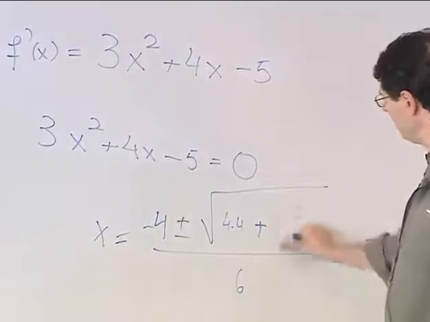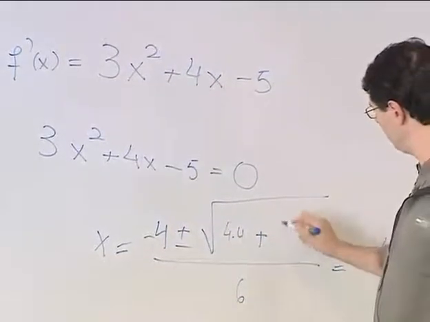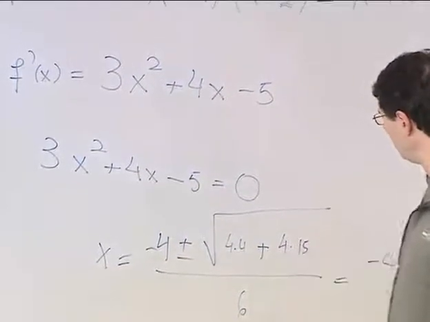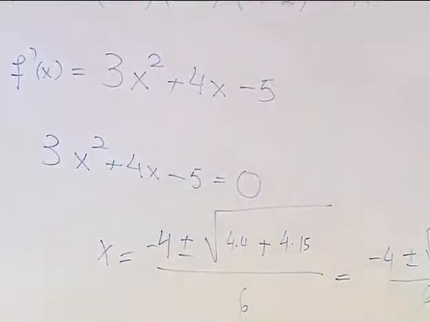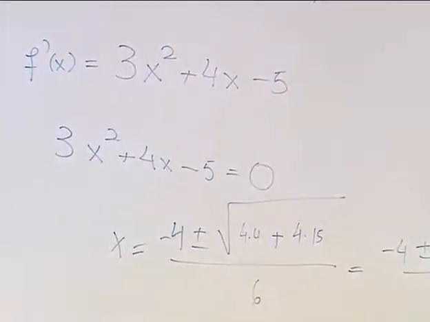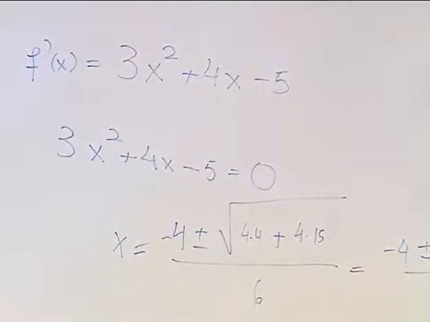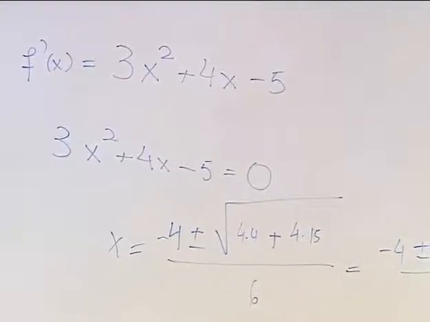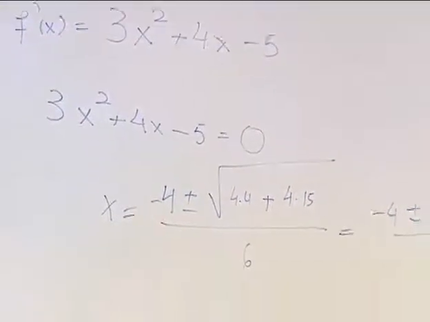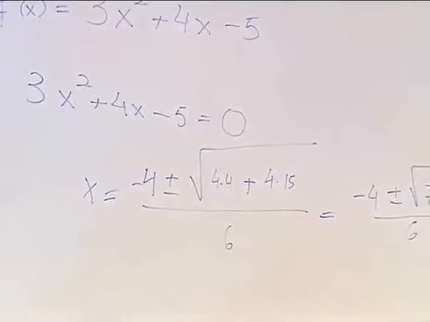And 60 is 4 times 15. So this is negative 2 plus or minus square root of 19 divided by 3. All right. I said I was going to regret it because I knew these numbers are not going to come out very well.